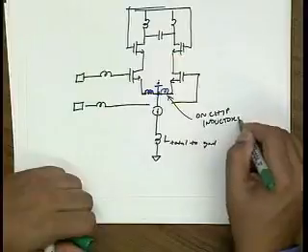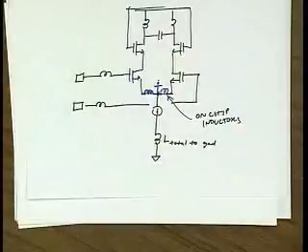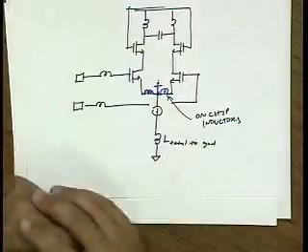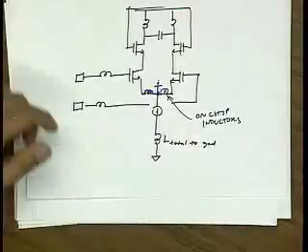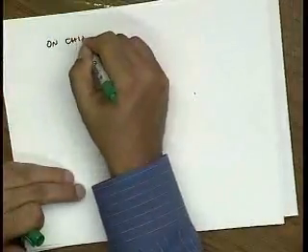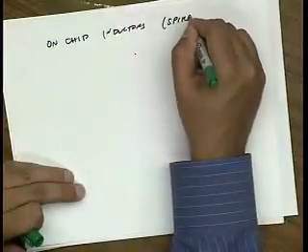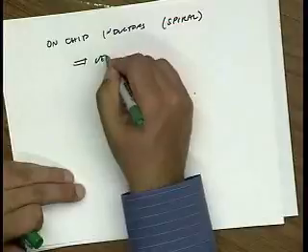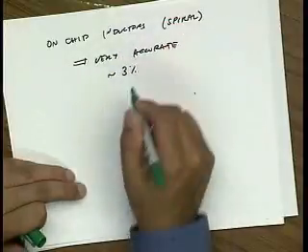And the nice thing about on-chip inductors is that they're very accurate. Their values can be very precise. It just depends on layout, and the layout just depends on basically this. So on-chip inductors are usually spiral inductors, are very accurate. Let's say on the order of 3%.